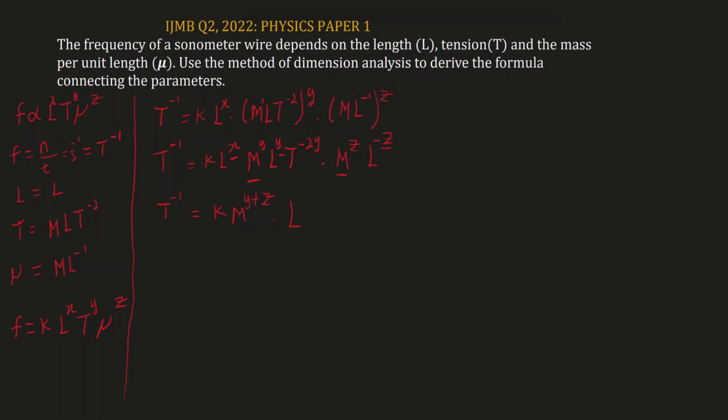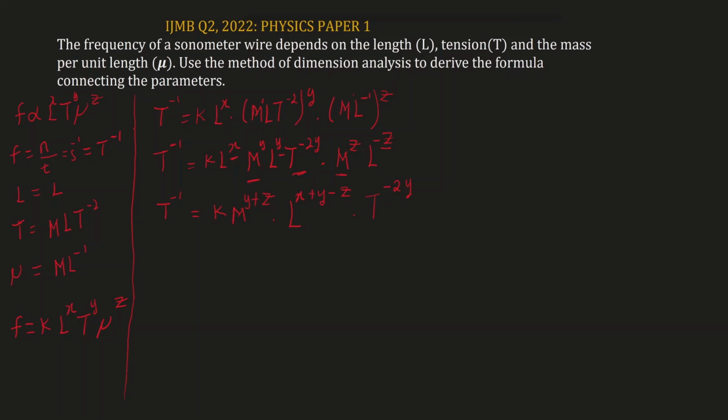So that is going to give us L to the power of x plus y minus z. Then lastly, we have only one T, which is T to the power of -2y.